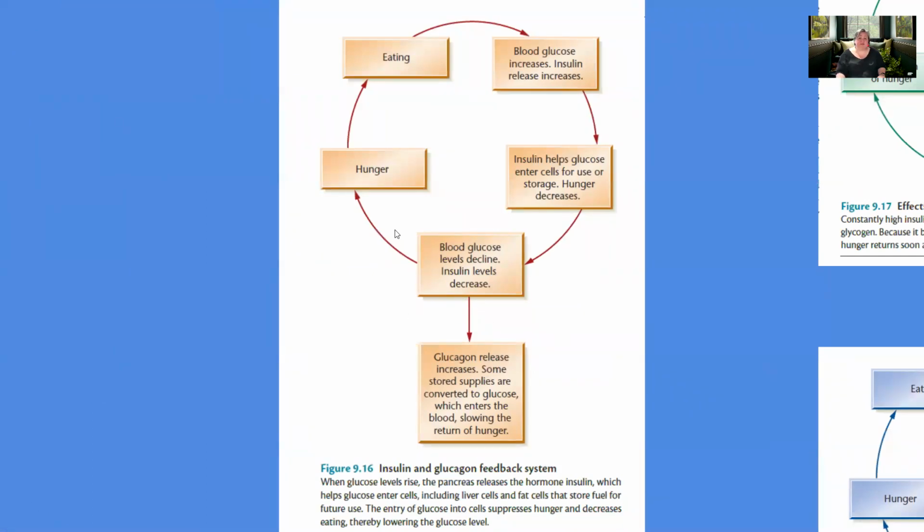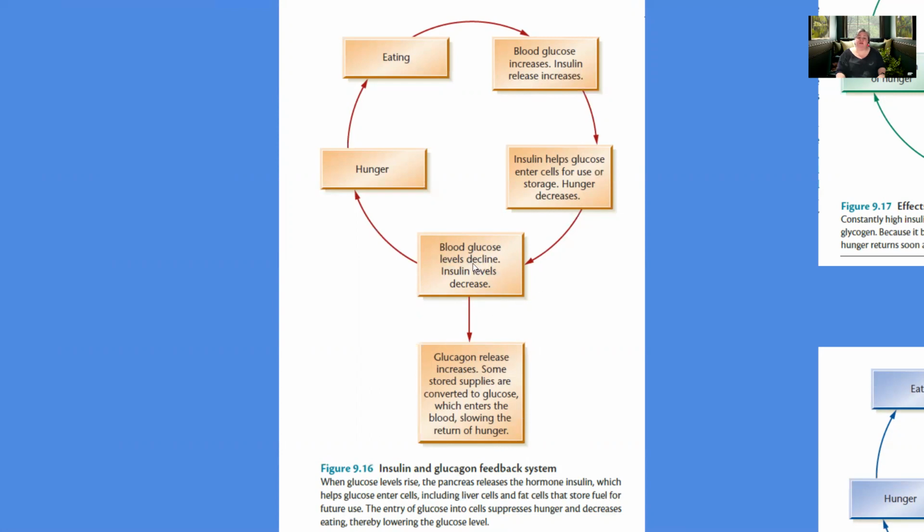So when our blood glucose levels are low, and the insulin levels decrease, glucagon release increases, and some stored supplies are converted to glucose, which enters the blood, slowing the return of hunger.